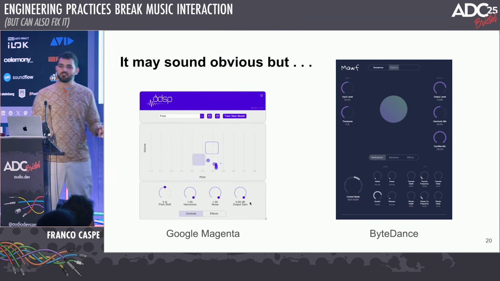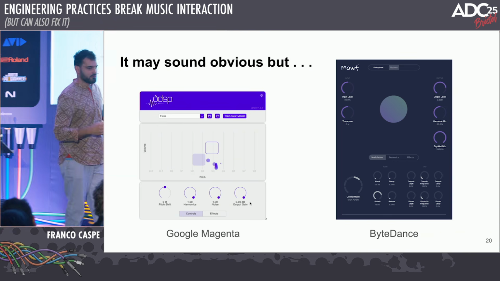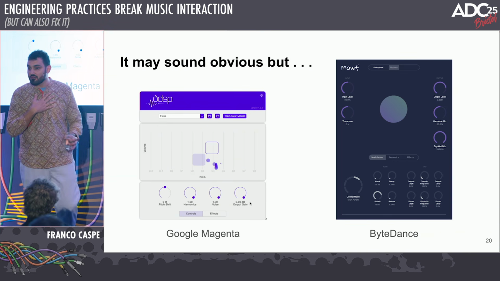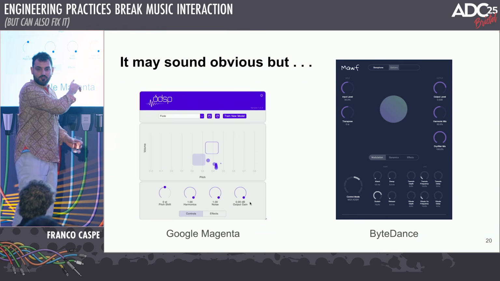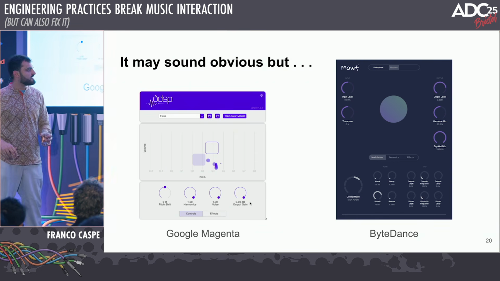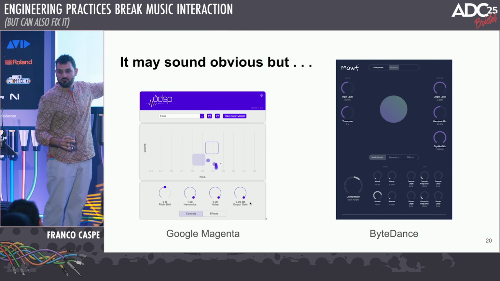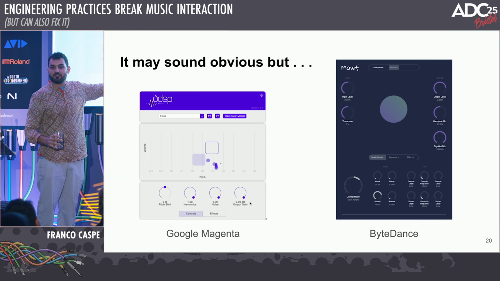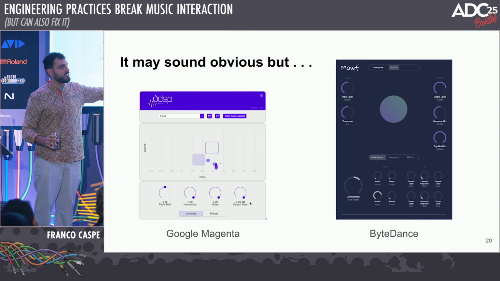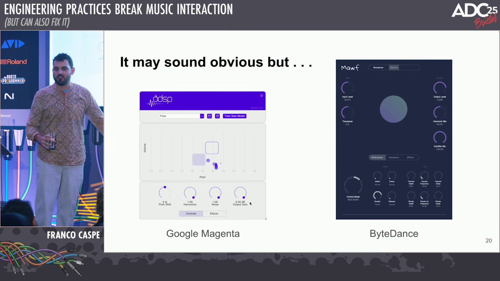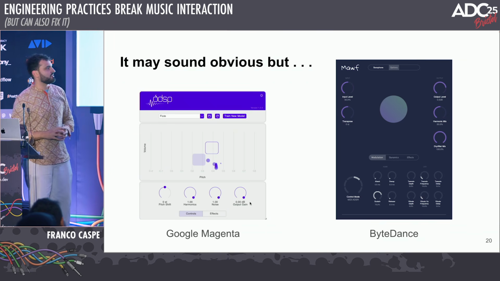Fantastic. And these things may sound pretty obvious to you. For me, they were not obvious. But they were not obvious either for these people, right? The people at Google Magenta and ByteDance, we actually put out plugins based on fundamental frequency trackers and DDSP, and nobody ever downloaded them, because I haven't seen a single person using them.